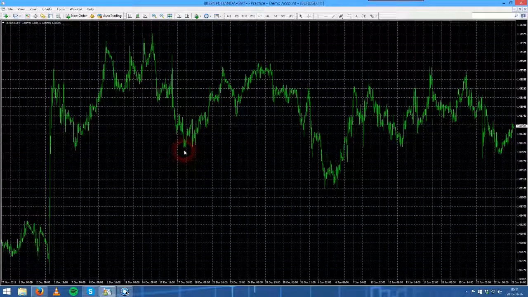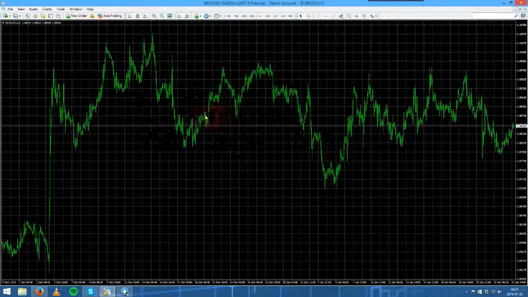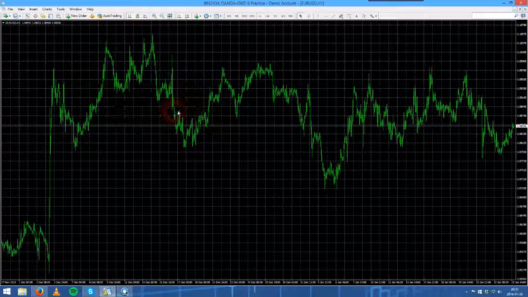So if you even win 6 out of 10 times, you're going to make money. And the third reason is that I have been trading EUR/USD, focusing on this asset only for a long time, and I've been profitable over the past year and a half. I've been making money on EUR/USD.